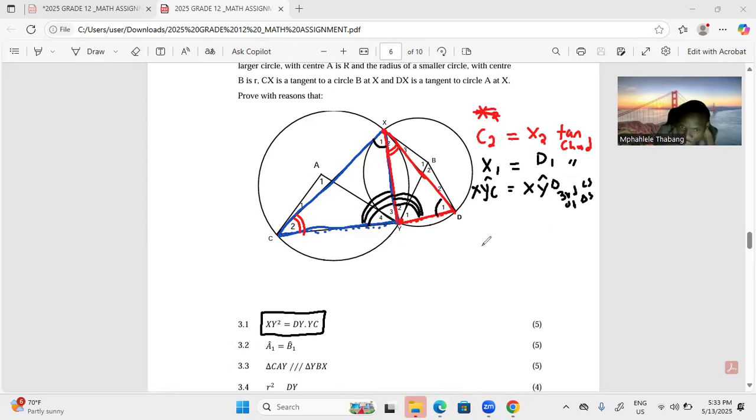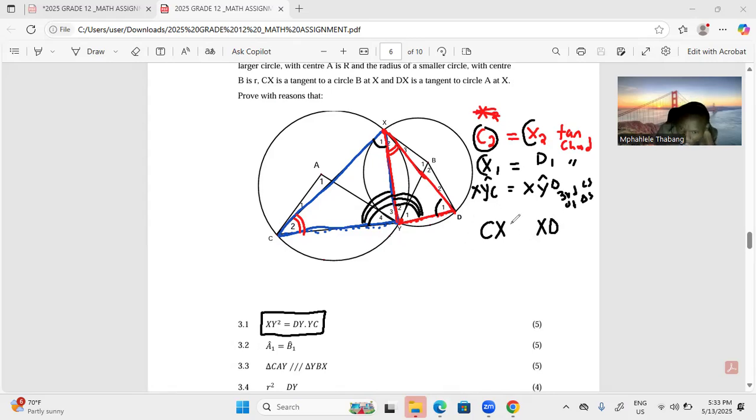You have to make sure that you write them in the correct order. So here, because C equals X, when I write C this side, I write X this side. Because X equals D, when I write X this side, I write D this side.